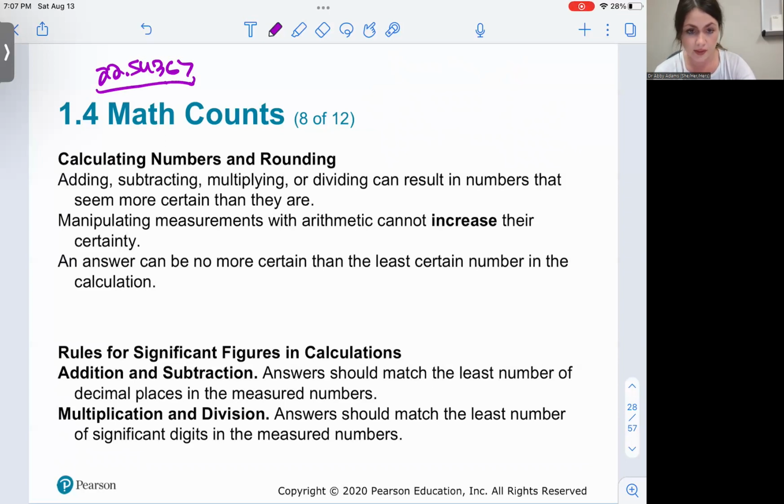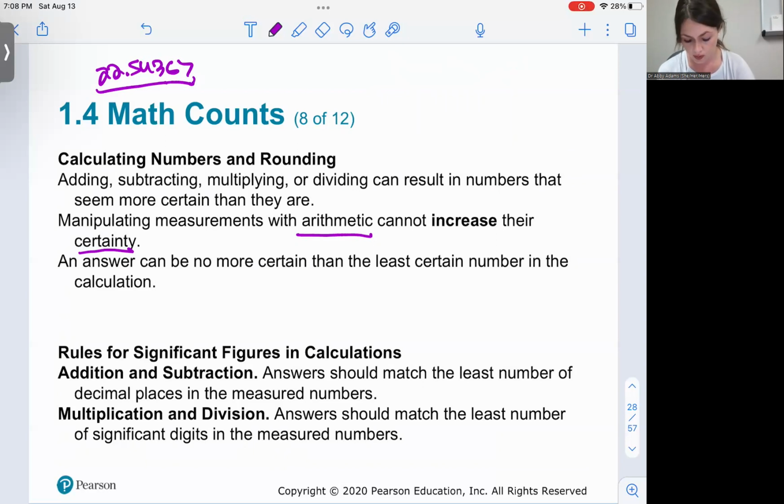Or if you put something in a calculator and it gives you a reading like this, manipulating measurements with arithmetic does not really increase their certainty. That's just arithmetic, okay? An answer cannot be more certain than the least certain number in the calculation, okay? And there are some rules for that.